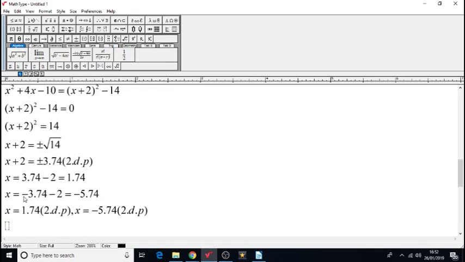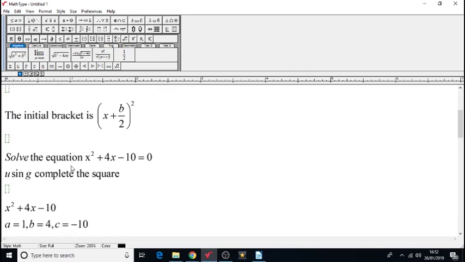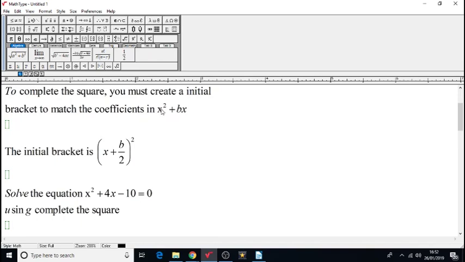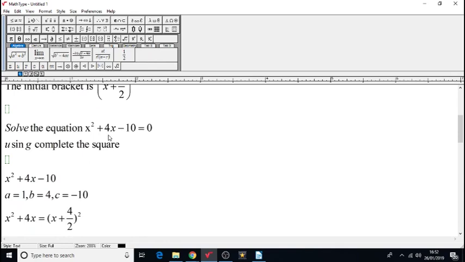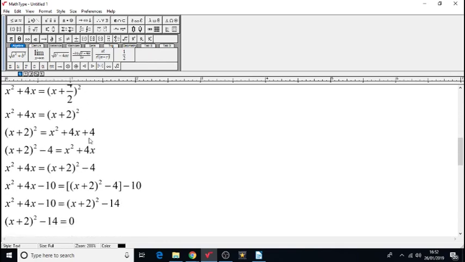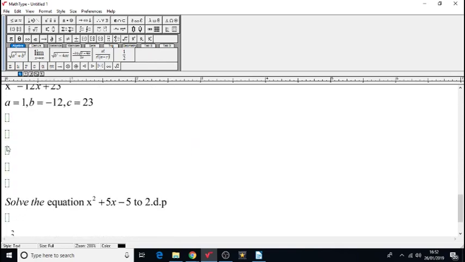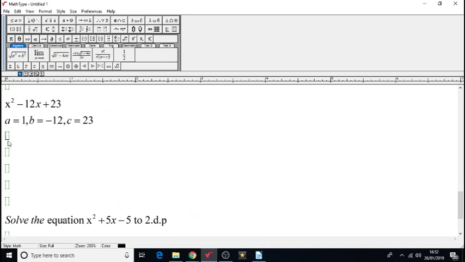So we need to create our initial bracket first. We need to write first x squared plus bx, and we need to make sure it matches the initial bracket. So x squared plus bx, because b is equal to minus 12, it'll be x squared minus 12x is equal to, open bracket, x plus b over 2.